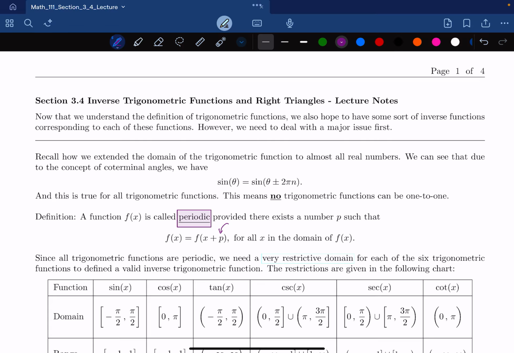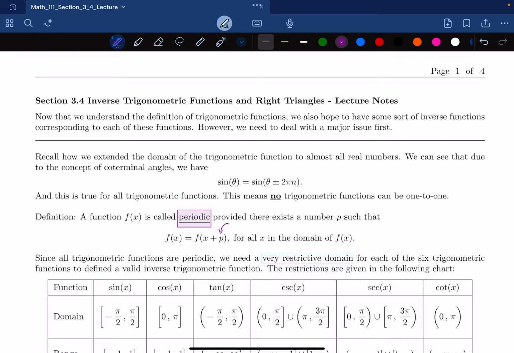For all of the trig functions, we know they are guaranteed to repeat themselves after 2 pi, just because after 2 pi we have a coterminal angle. Every 2 pi, we have a different coterminal angle, and all those coterminal angles are going to give you the same output. It doesn't mean that the trig function requires the entirety of 2 pi to repeat itself.